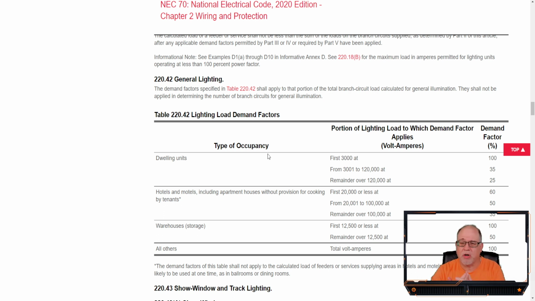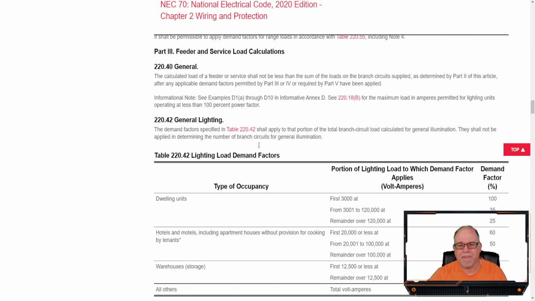So we're just going to be applying the demand factors for the general lighting. We know that also includes general-use receptacles, because 220.12 said general lighting, but we know it also covers receptacle usage. That's just extra information. Right now, we're focusing on the illumination.